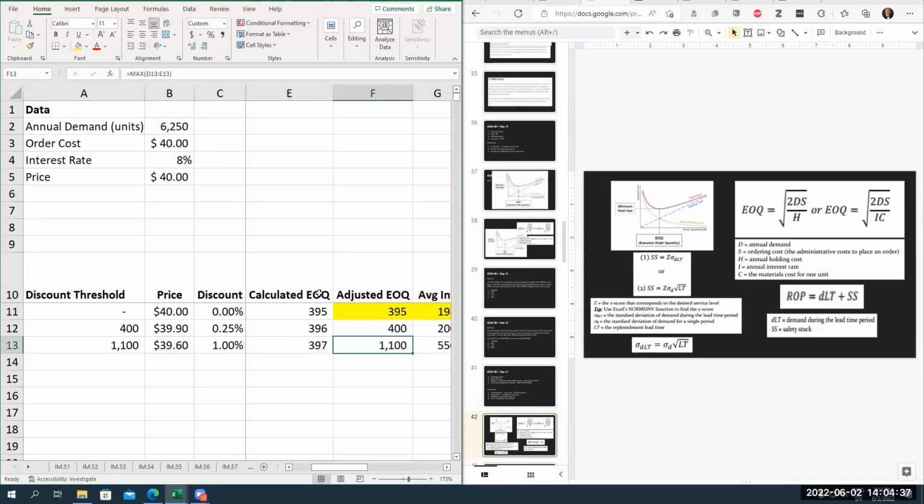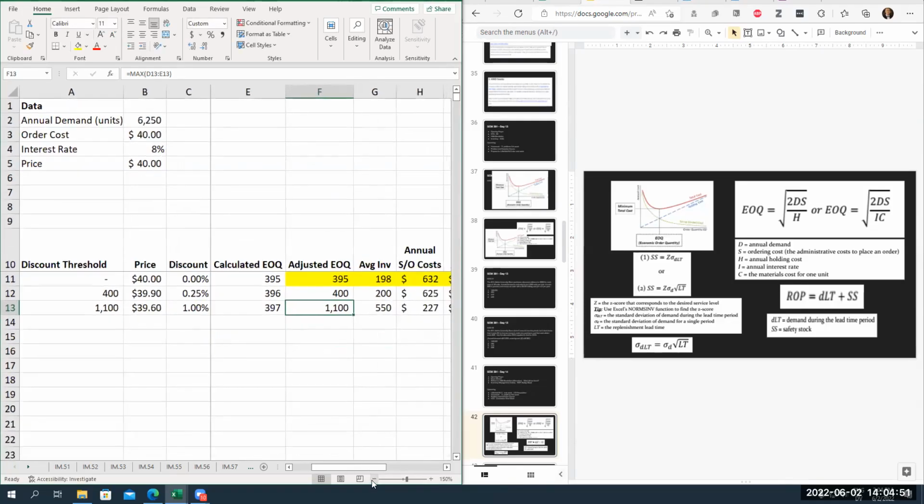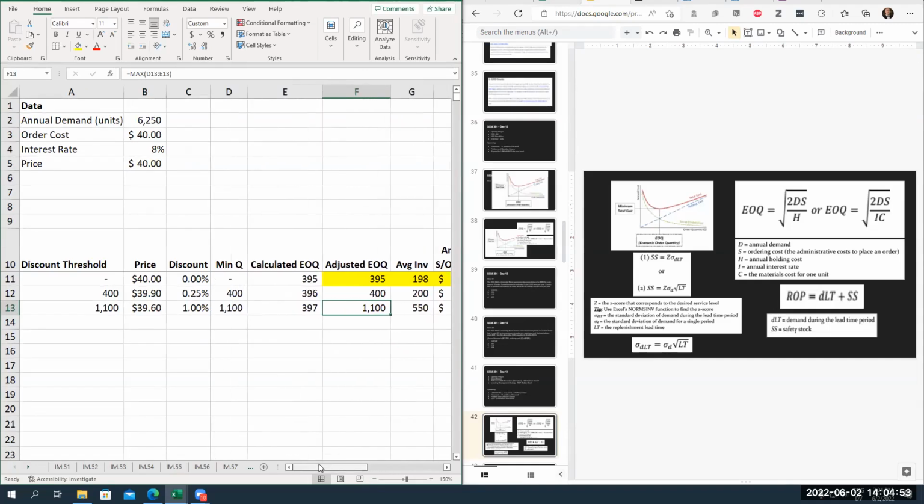One more step here. This step is we have to take the maximum of the EOQ, or, let me see if I can zoom out just a little bit so we can see it. The adjusted EOQ is saying in order for us to actually get this price, we have to order a minimum of 400 for this discount.